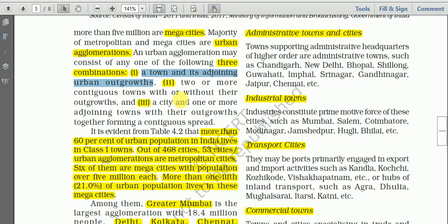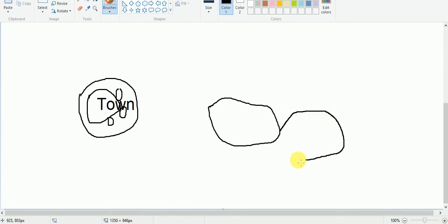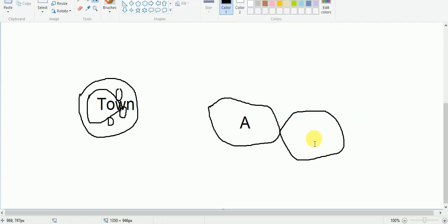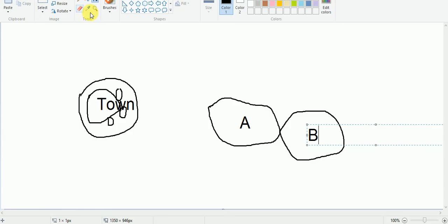Then the second one, two or more contiguous towns with or without their outgrowths. For example, here is a town, and another independent town may be here, contiguous. Let us say this is town A and this is town B. Here outgrowths may be there, may not be there.